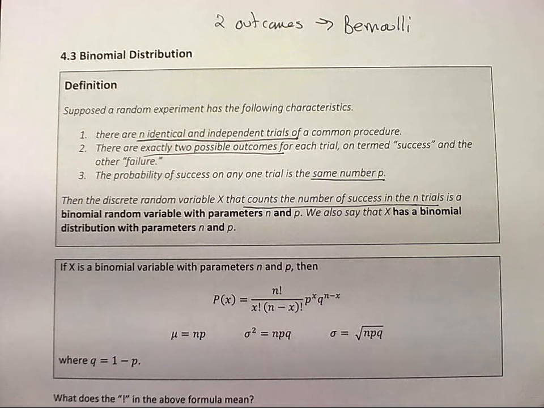What are some examples of an experiment that only has 2 possible outcomes? 2 and only 2. Flipping a coin. That's a textbook example. What else? Anything that's either true or false, for example.